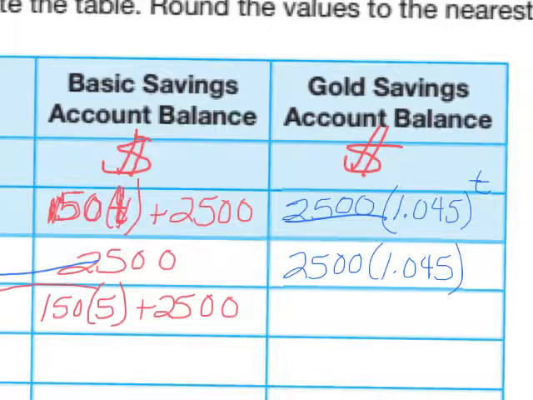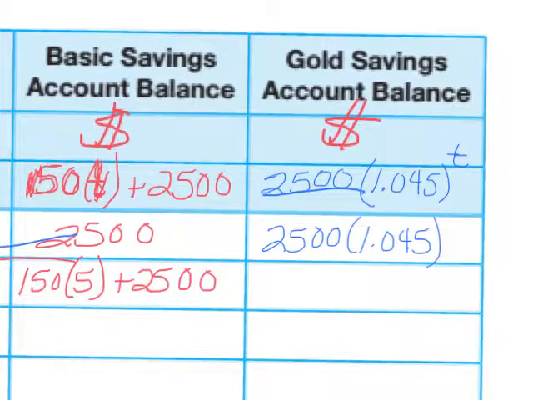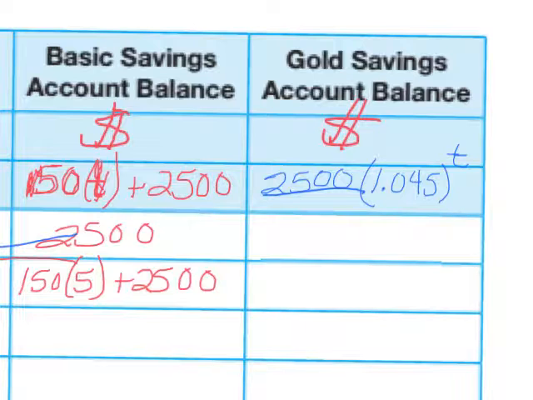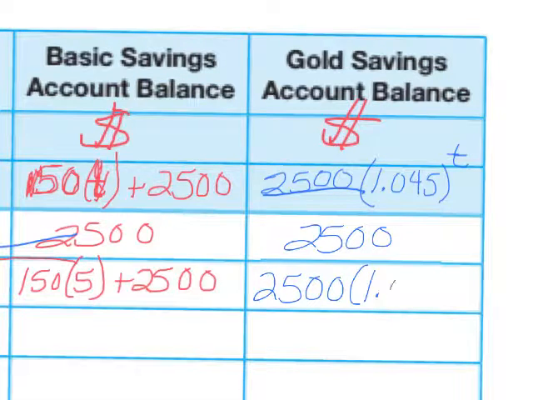This guy gets deleted, because we started with $2,500, so t is 0. And this is the one we started, 2,500 times 1.045 to the 5th power, because we're multiplying the same thing 5 times in a row. And so on and so forth.